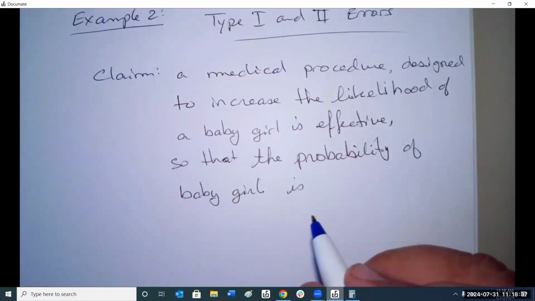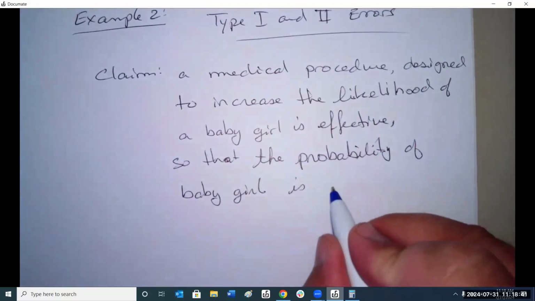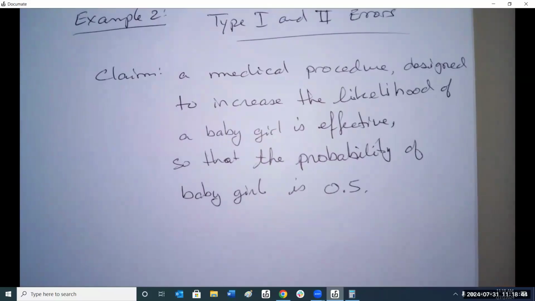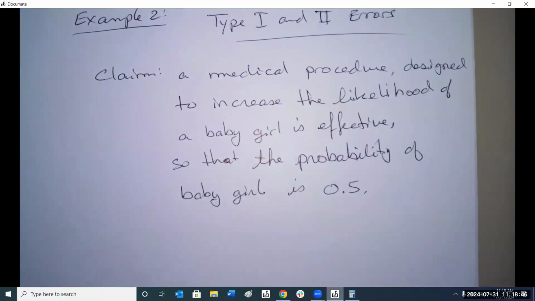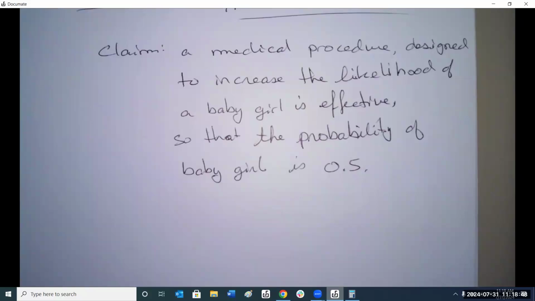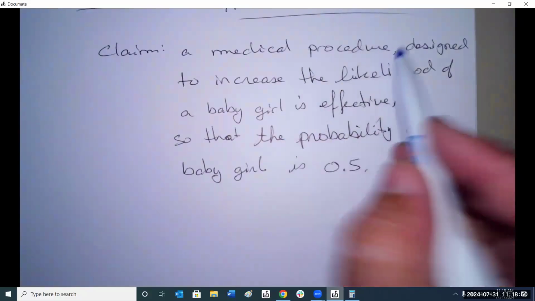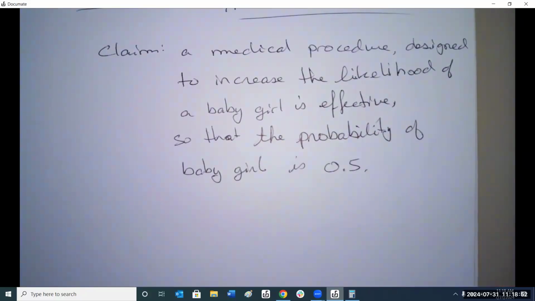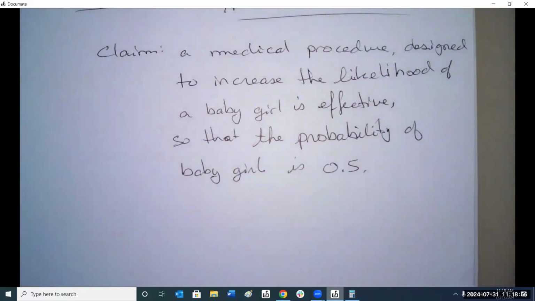P equals 0.5. But that's not really a medical procedure, because it is exactly 0.5. Oh well, we'll just go from here.